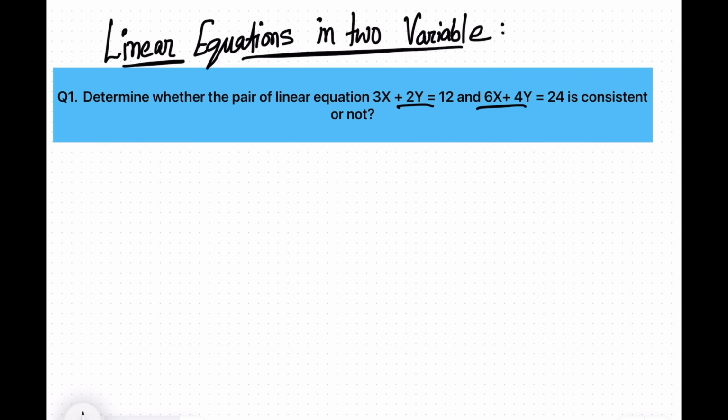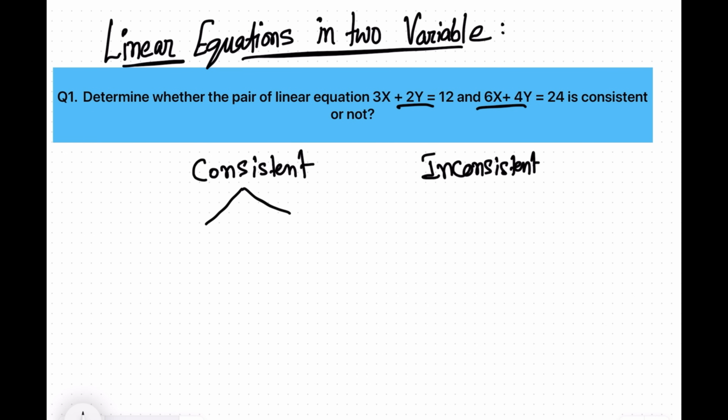So the two things which are related to the consistent, which we can say the independent system, what the condition is, intersect at one point, or the second condition is like coincide, or we can say overlap. So when we are talking about the consistent, okay, and when we are talking about the inconsistent, okay, so this is a system we can say. So inconsistent, there are two conditions.